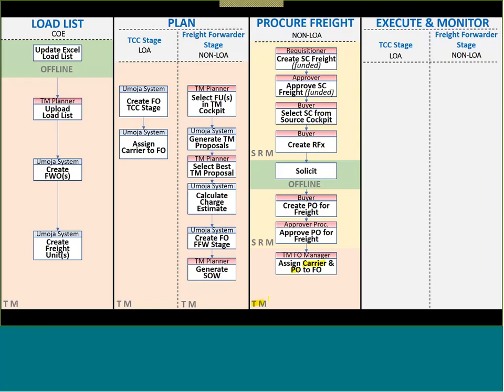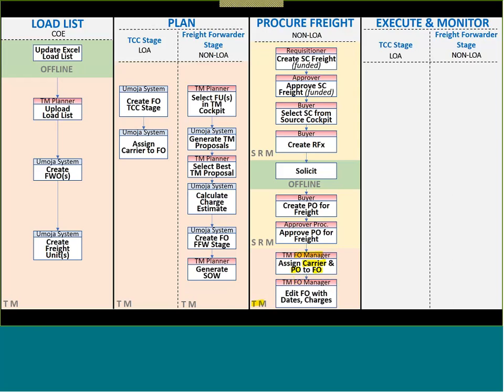So there is a specific role for that, the FO manager, that will need to go into TM, go to the freight order document, and update the freight order with the selected freight forwarder and indicate the related freight PO.